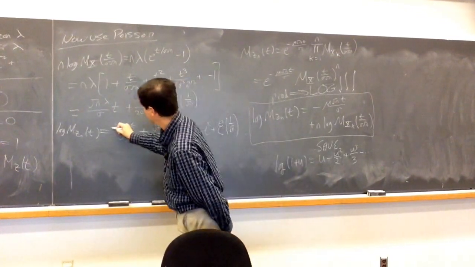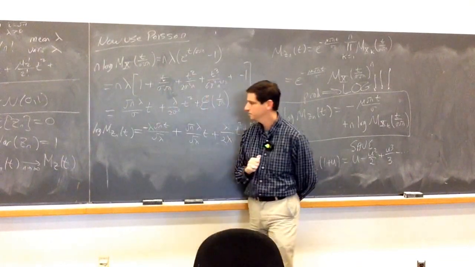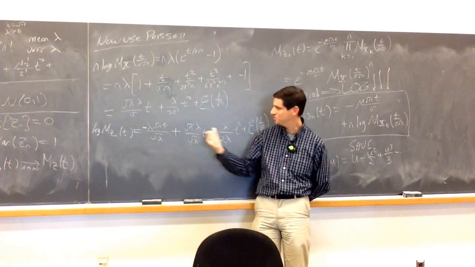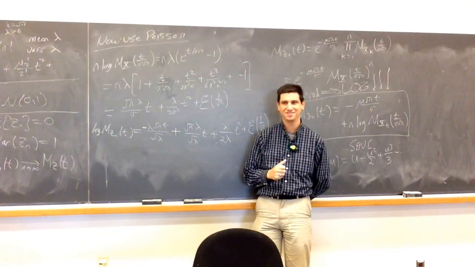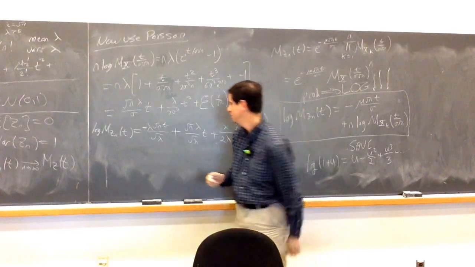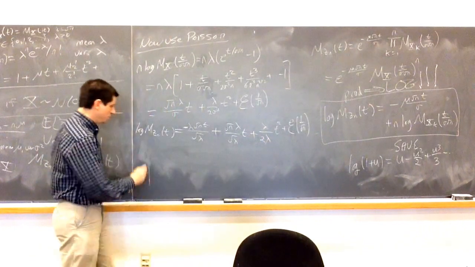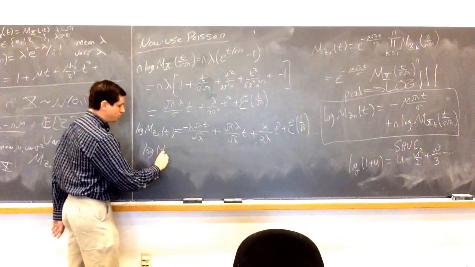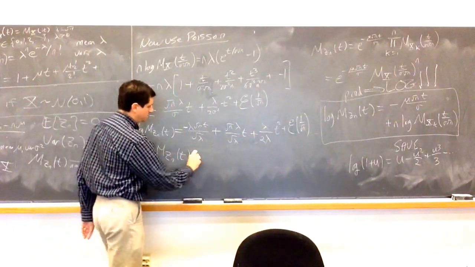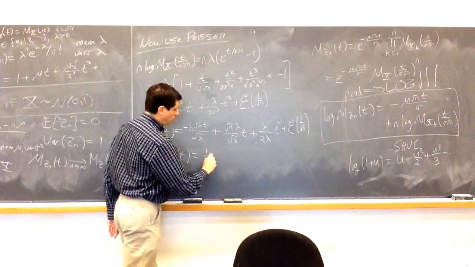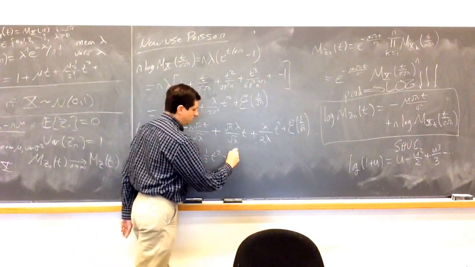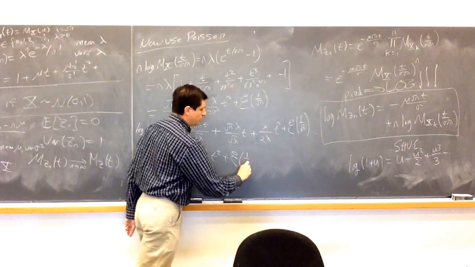And I dropped the minus sign, so let's put the minus sign in. What do you notice from the first two terms? They cancel. And then this term over here, lambda over lambda, so we get the log of the moment generating function of Zn of t is equal to 1/2 t squared plus an error of size 1 over square root of n.